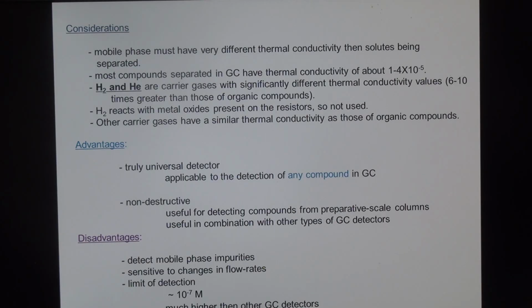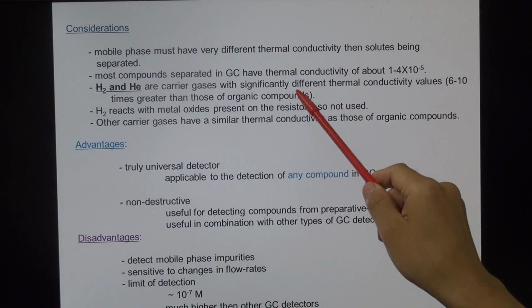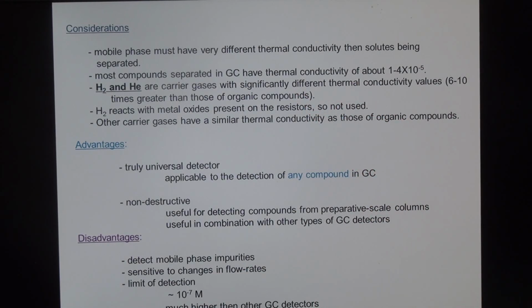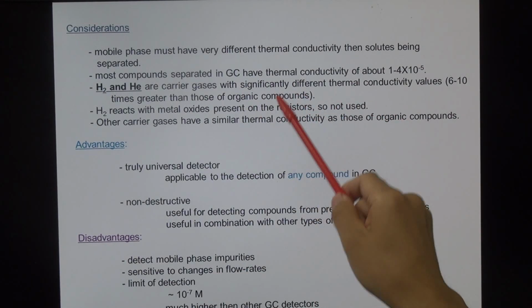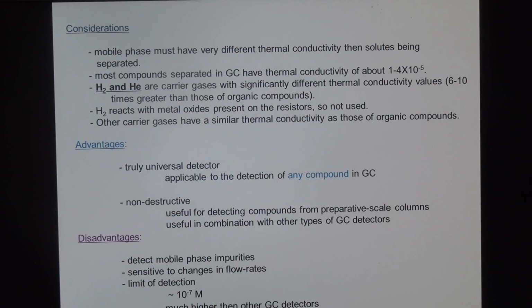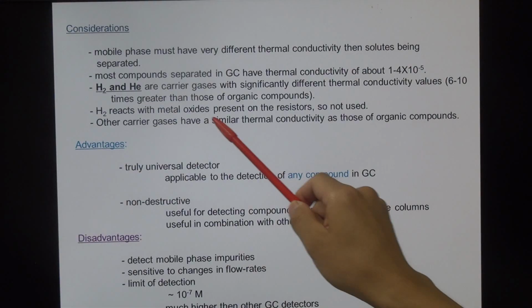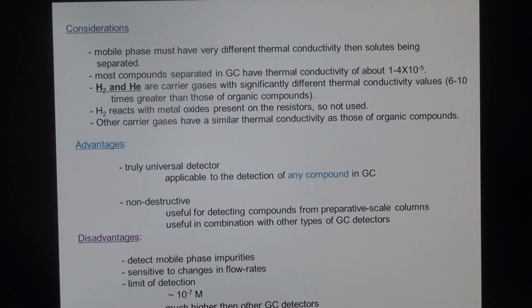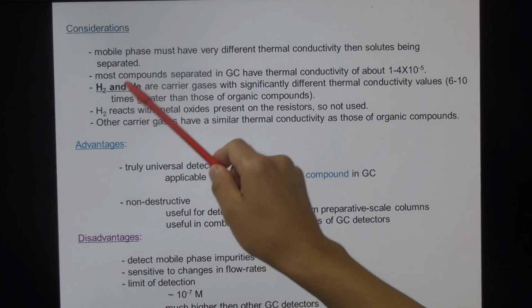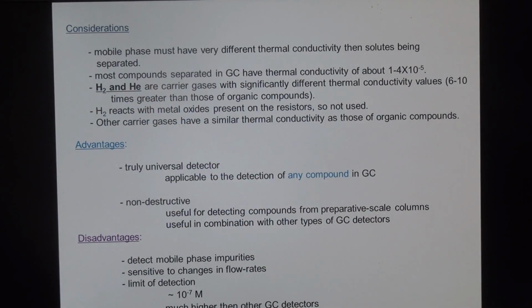For carrier gas, we usually use hydrogen or helium, because these carrier gases have much different thermal conductivity compared to other common organic compounds. Okay? But the problem of hydrogen is that it can react with metal oxide of the electric circuit. So mostly we use helium gas, okay, for TCD.